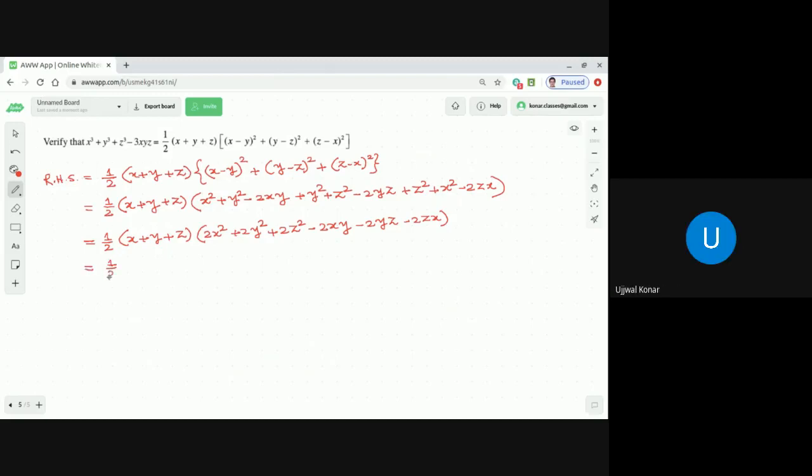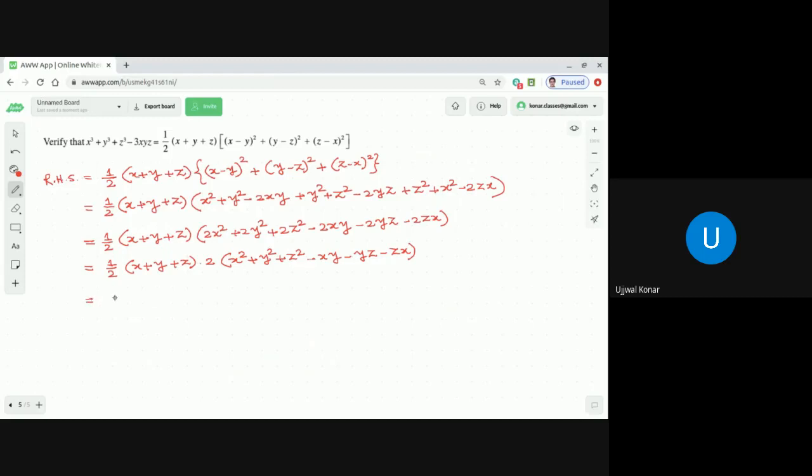Then you take 2 common. So 1 by 2 into x plus y plus z into 2 into x square plus y square plus z square minus xy minus yz minus zx. And this is equal to what?